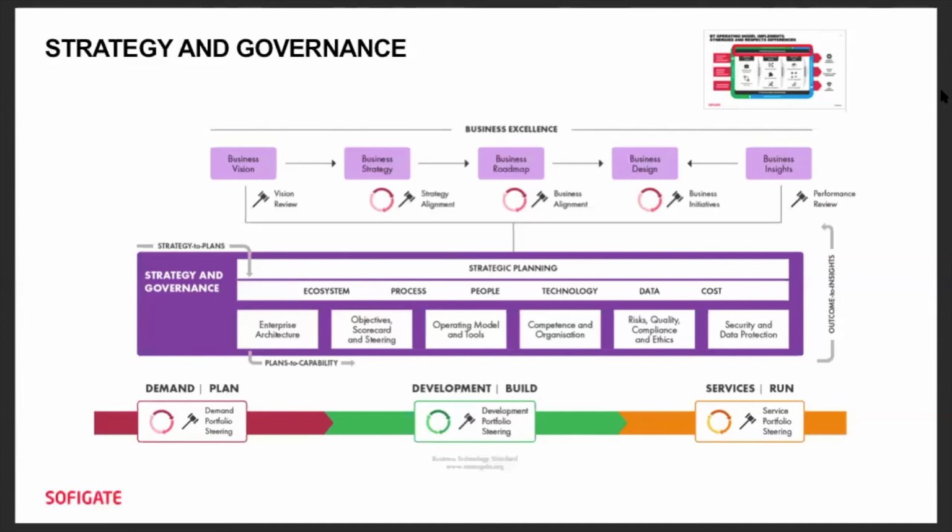So when you do shifts in how we work and how we operate, you often need to look at, do we also need to do shifts in our competence bases, our competence landscapes, and do we need to look at how we organize our teams and our managers and specialized individuals, etc. So that's something that we almost always include in those kinds of projects as well, as a part of strategy and governance. The last two boxes is about risk, quality, compliance, and ethics, as well as security and data protection.